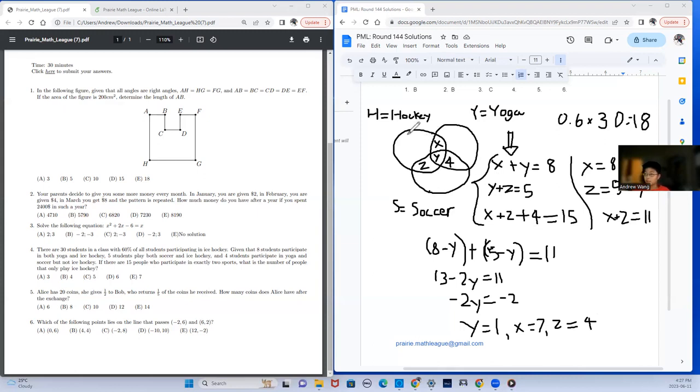So when we look at the hockey circle, we can see that it is made up of X, Y, and Z, and this darkened section. And this darkened section is actually for the people who only play ice hockey.